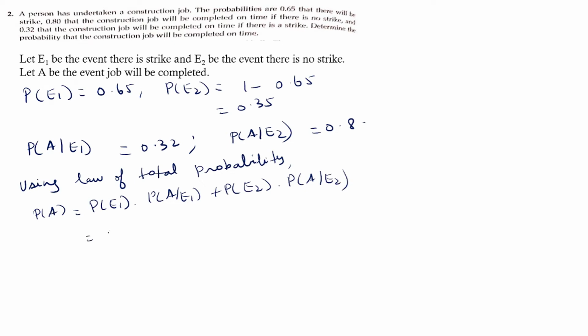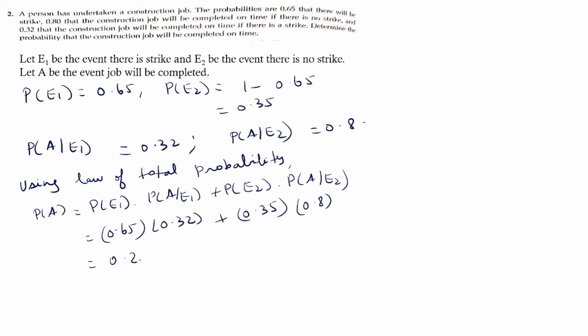So probability of E1 is 0.65, and probability of A given E1 is 0.32, into 0.32, plus probability of E2 is 0.35 and probability of A given E2 is 0.8, 0.35 into 0.8.